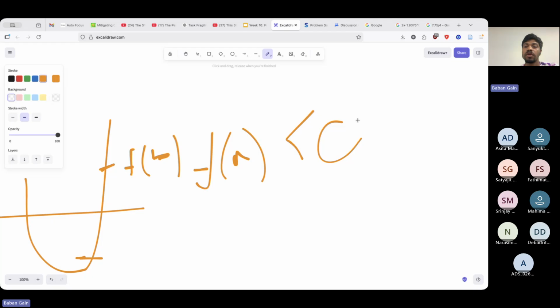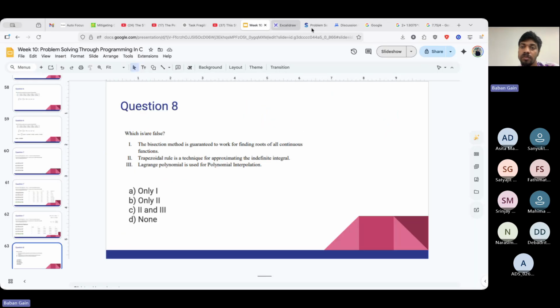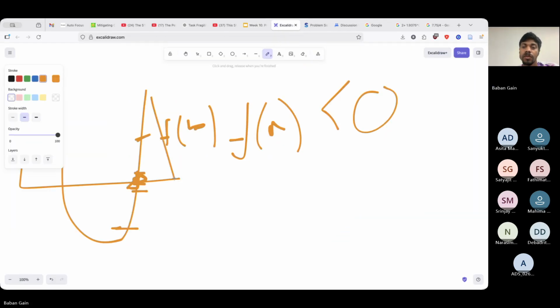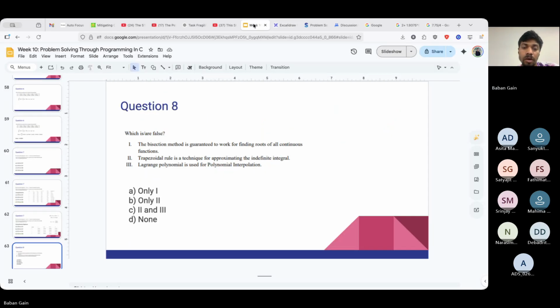So that we already found. In that case, we can actually guarantee that we'll find it here, then here, then here. Ultimately we'll find the midpoint, the root. So this first statement is actually true, given this equation. But the second point is not true.